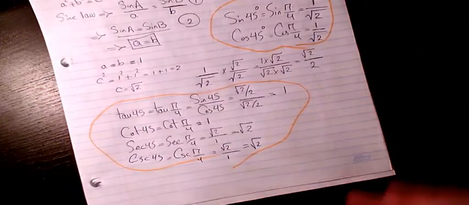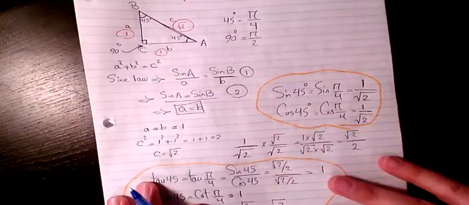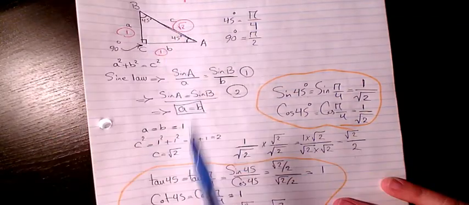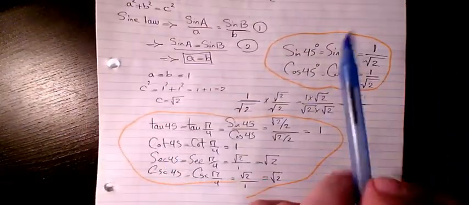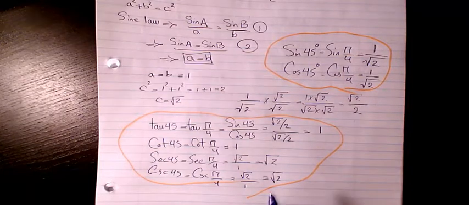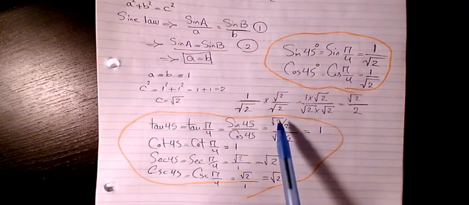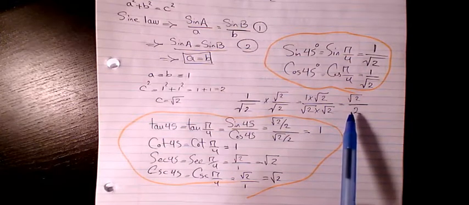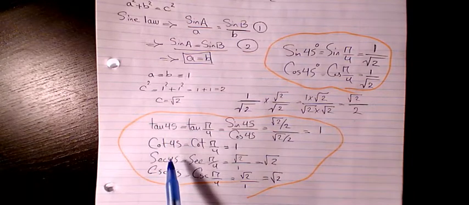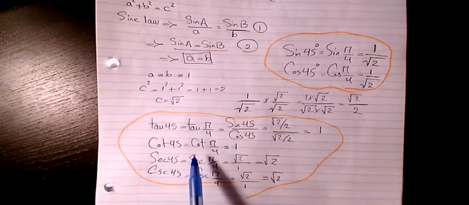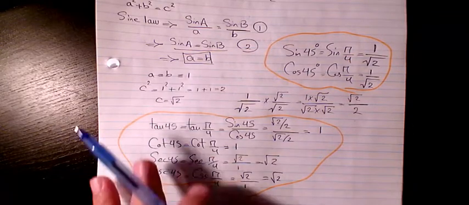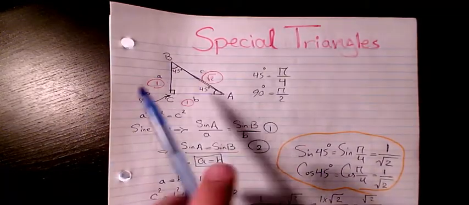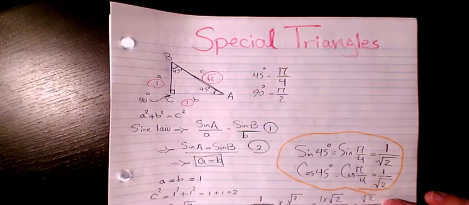Whenever we have two 45 degree angles, we can conclude that sine 45 equals root 2 over 2, cosine 45 or cosine pi over 4 equals root 2 over 2, and following that we can find the tangent, cotangent, secant, and cosecant. So that's one of the special triangles. We have another one. In total we have two triangles.